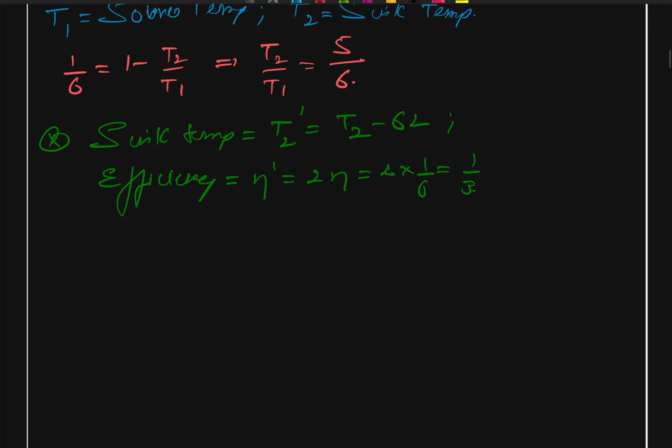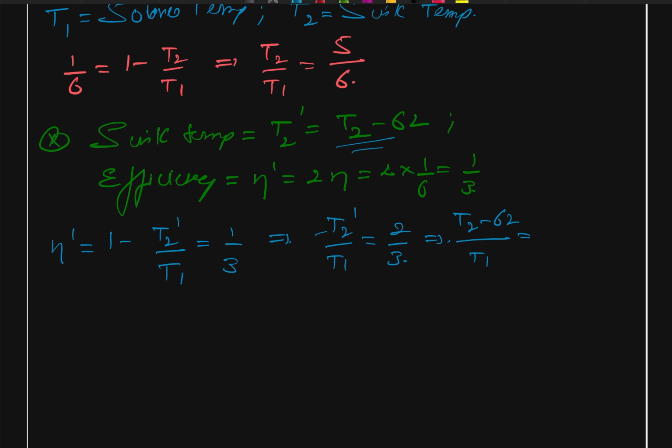So our nu prime will be equal to 1 minus T2 prime divided by T1, and this comes as 1/3. So from here we can say that T2 prime upon T1 is equal to 2/3. In place of T2 prime we can write T2 minus 62. So we get T2 minus 62 upon T1 is equal to 2/3.